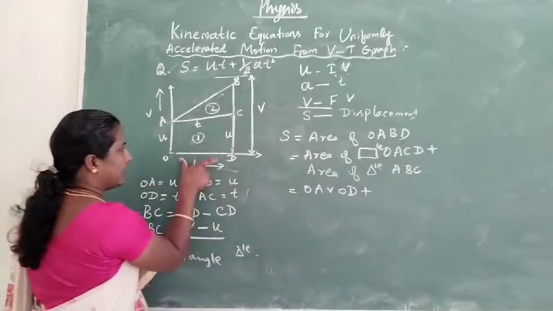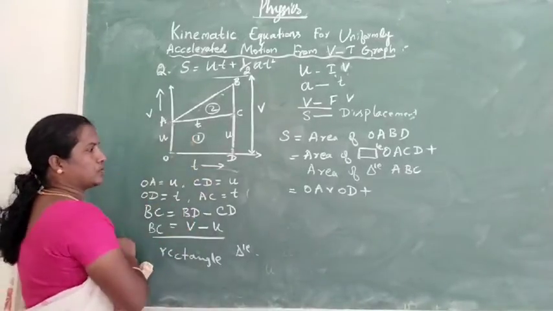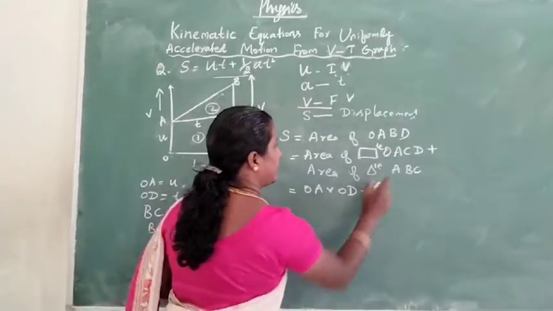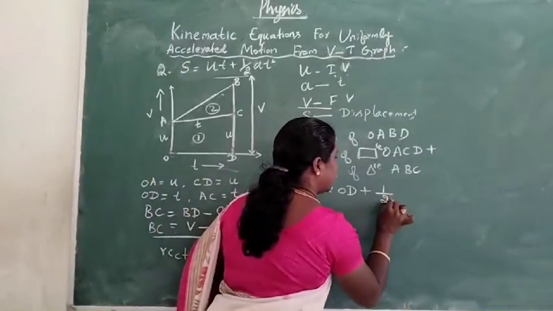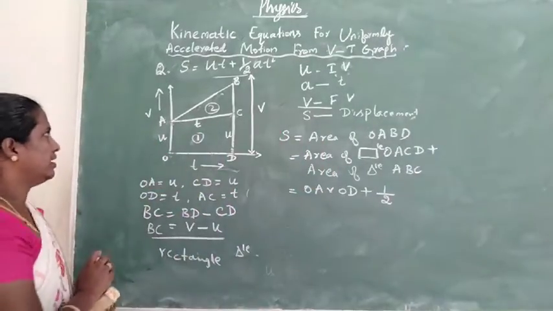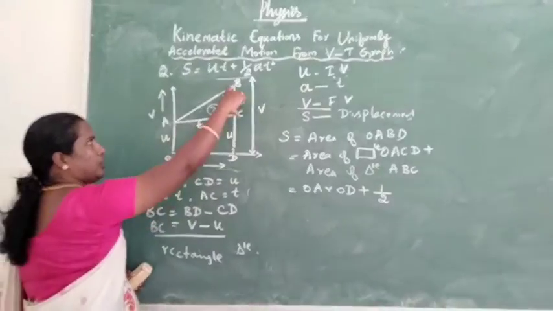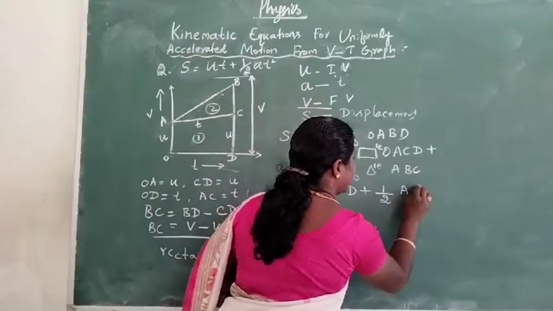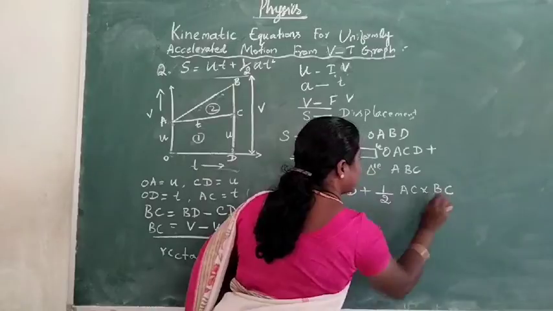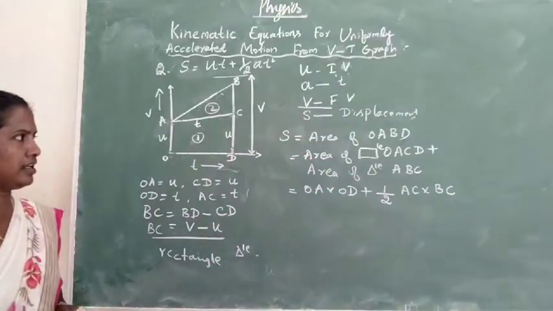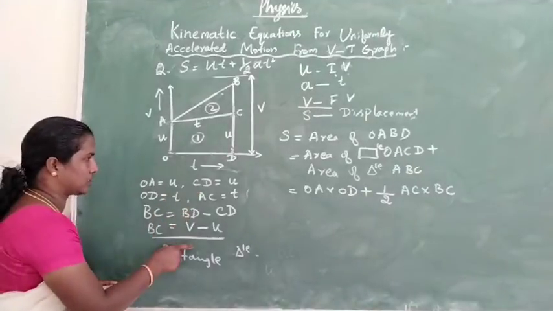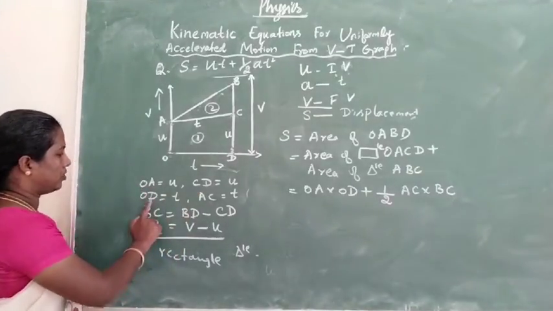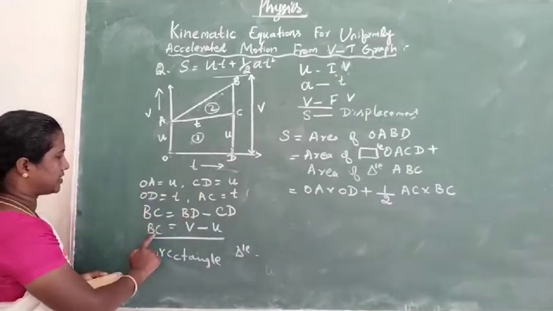Then what about the area of triangle ABC? We know that it is half into length into breadth, so I can write half into AC into BC. So these two are the areas of the rectangle and the triangle. Now we know those values: OA, OD, BC and AC.